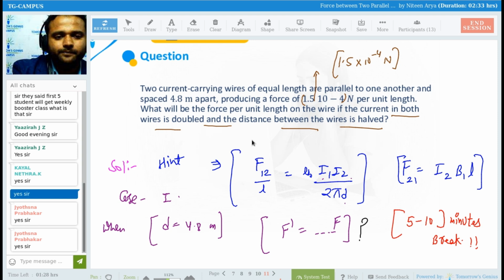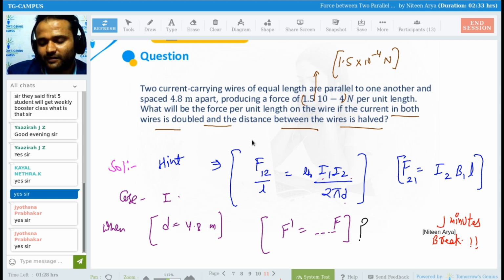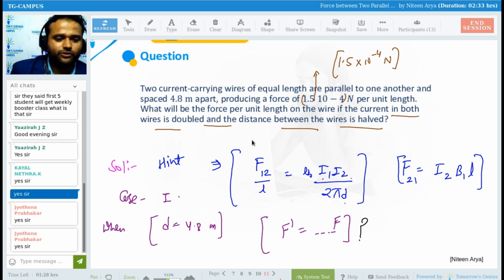Hello, hello, hello. Am I audible? Audible, sir. Okay, so tell me what is the answer, how much does this particular relation come to first of all? This one, F prime equals how much of F? Tell me, beta, anyone?